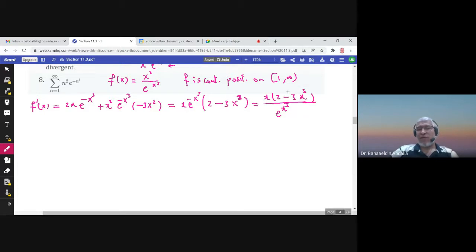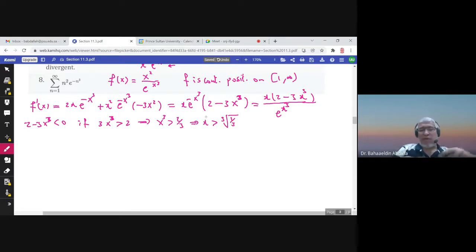So here this function 2 minus 3x cube would be negative if 3x cube is greater than 2. If 3x cube is greater than 2, then 2 minus 3x cube would be negative. So this means that x cube is greater than 2 over 3, or x is greater than the cube root of 2 over 3.